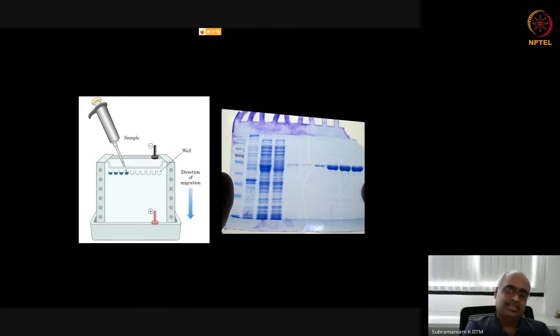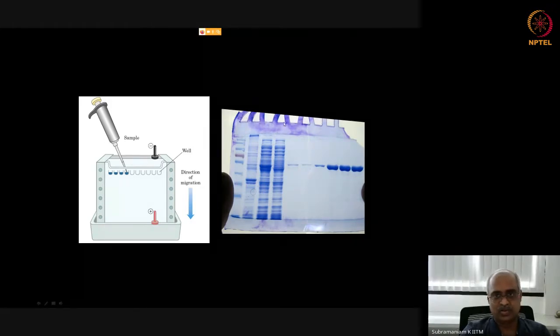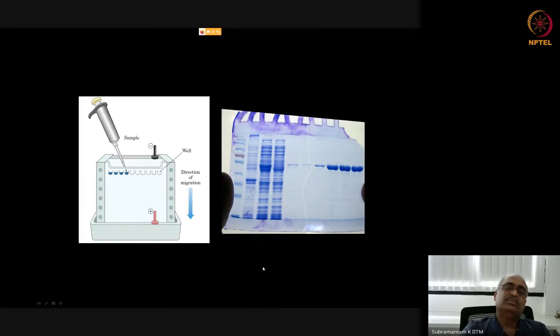Okay, so this all looks cool and nice, but I told you in the previous slide, we primarily separate the protein based on the molecular weight alone. Given that, see here you have the real wells. This is the cartoon and this is the well. After I have removed the comb, you see these wells in which proteins were loaded.